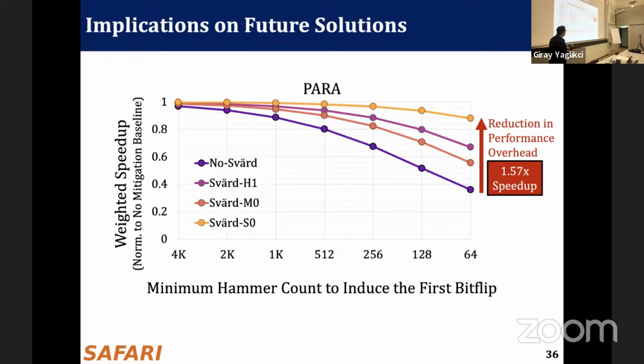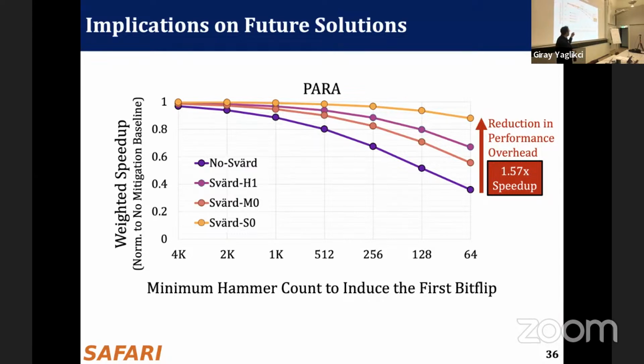So basically, if you're talking about this point, for example, the RowHammer threshold is 64, right? In 64, it means that the worst row you have in your bank experiences bit flips at 64. And you have other rows that will not experience bit flips until something like 10,000, for example. So in PARA's case, it just keeps using the same threshold for all rows.